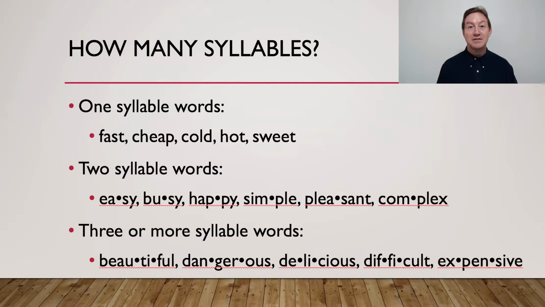Just one sound to say the word. But there are also 2 syllable adjectives: easy, busy, happy, simple, pleasant, complex. And we have 3 or more syllable words: beautiful, dangerous, delicious, difficult, and expensive. Do you know some other 3 syllable adjectives? I bet you do.